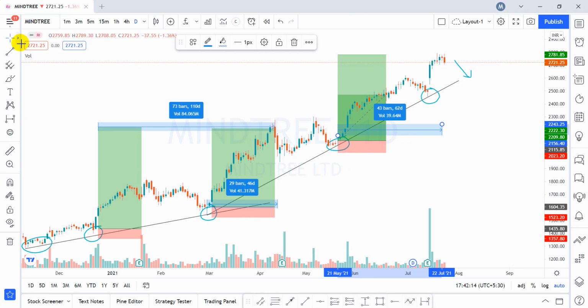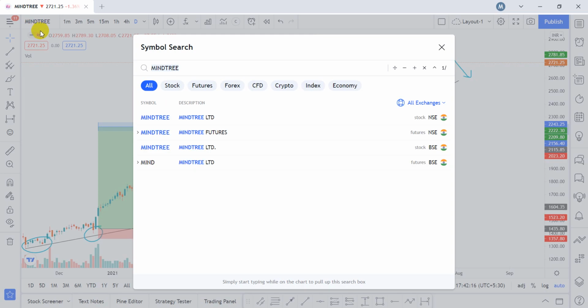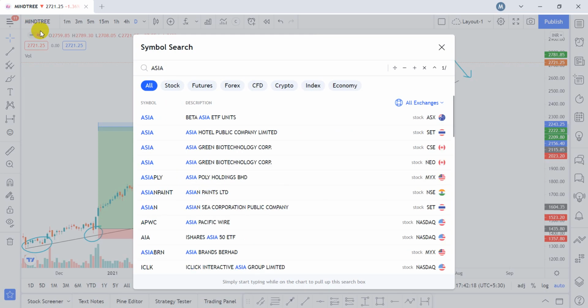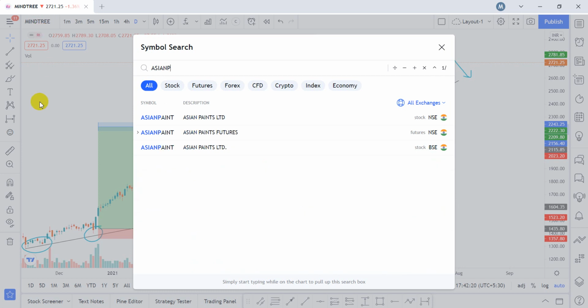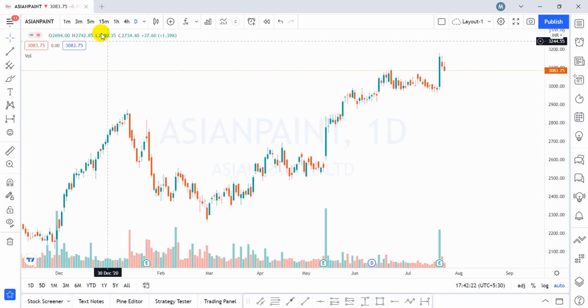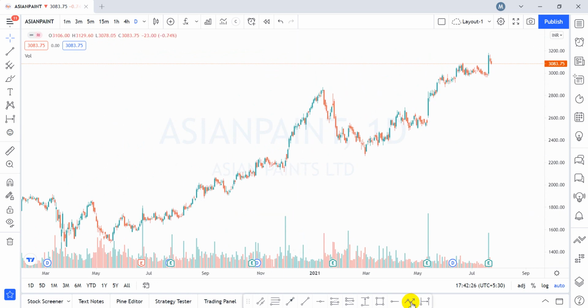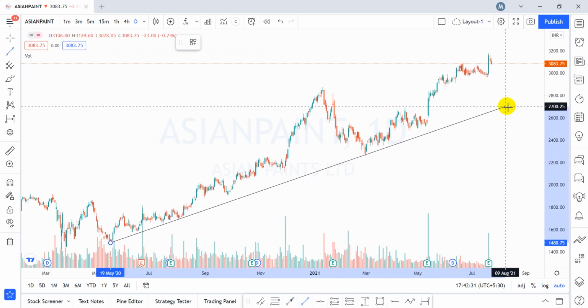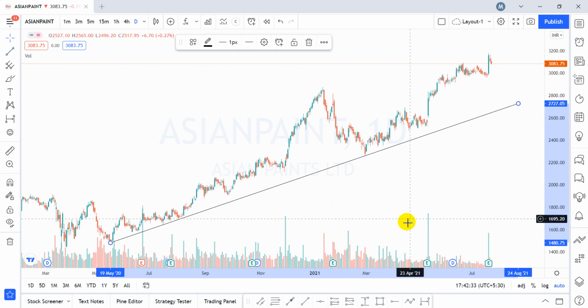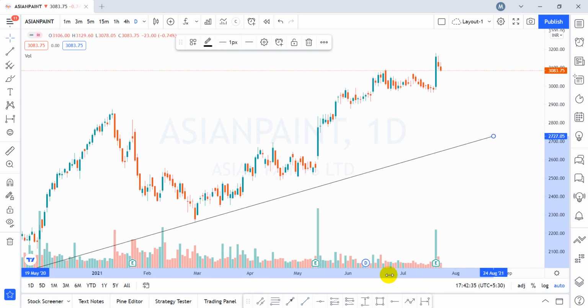Coming back to TradingView, let's check the Asian Paints daily chart. What a beautiful move has been given by Asian Paints.